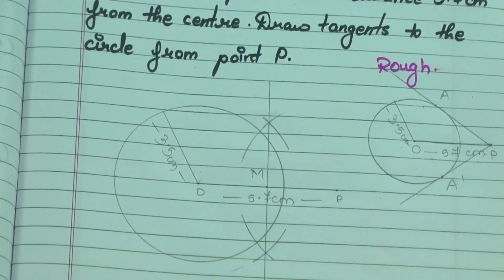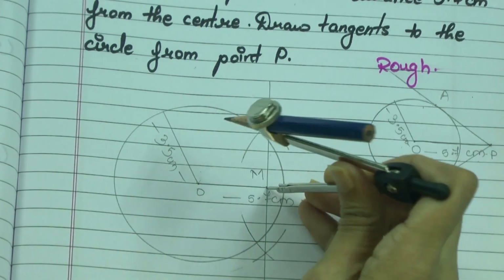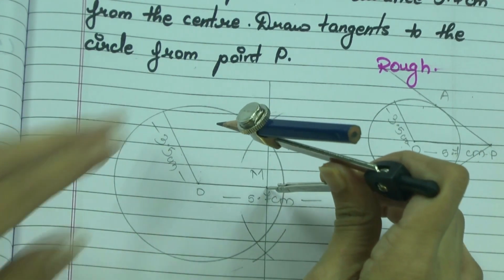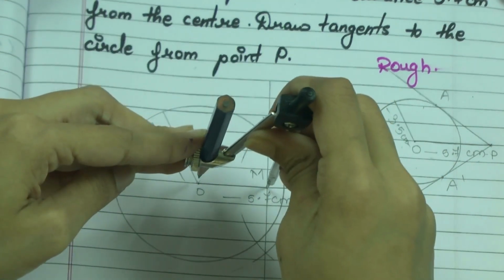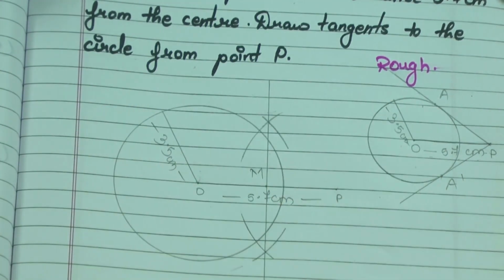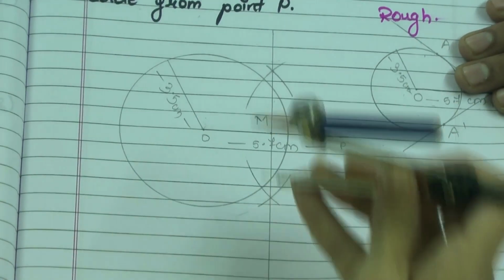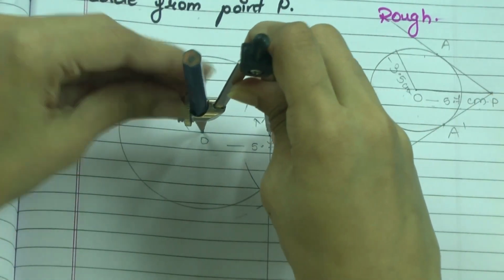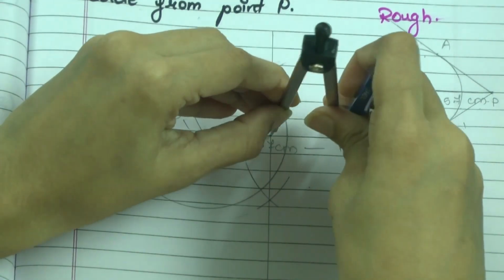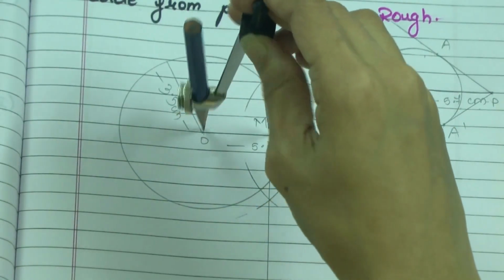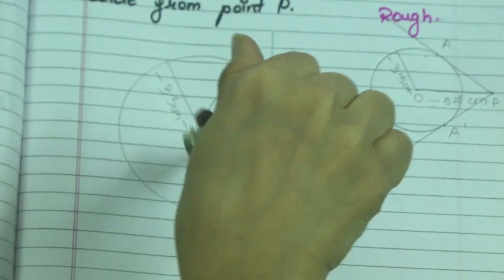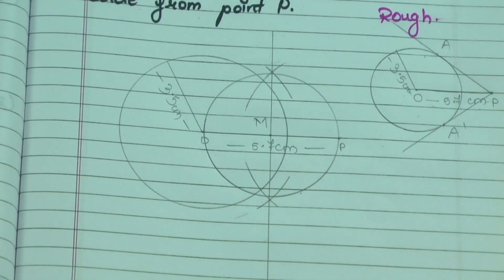Mark it as M. Keep the pointer of the compass there and adjust your compass so that the circle passes through O and P. Check it. Yes. Draw the circle. Now your circle passes through O and P.